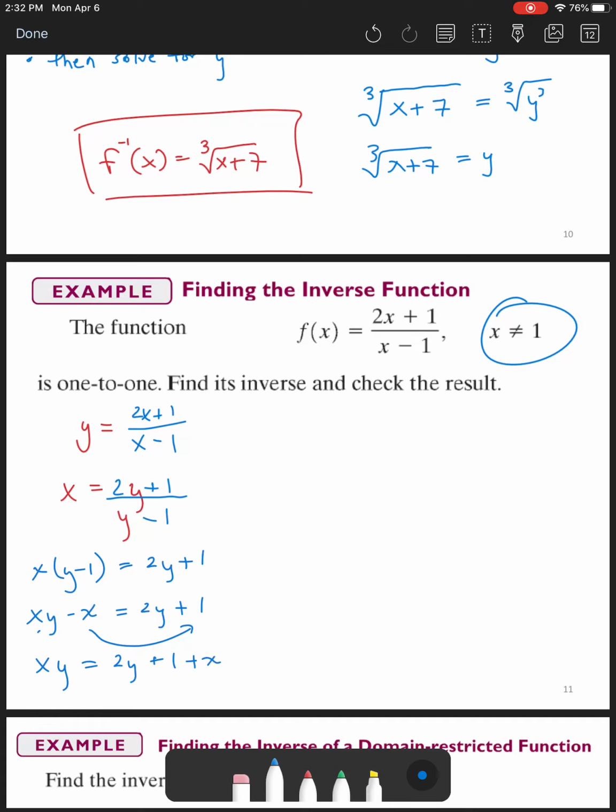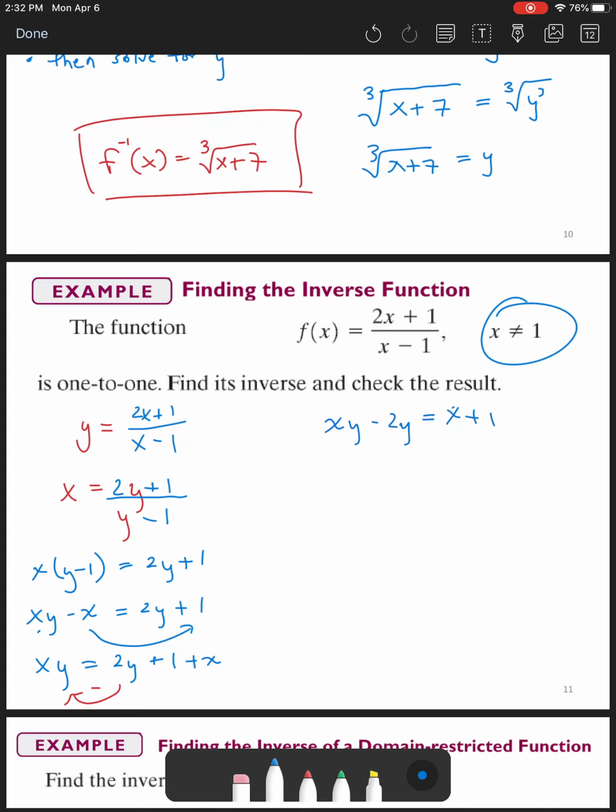Is everything that has a y on one side? No. So the 2y needs to go over there with its family, and the way you move it over is by subtraction. So we have xy minus 2y equals x plus 1.